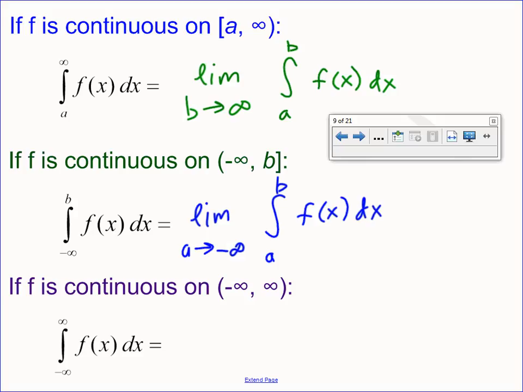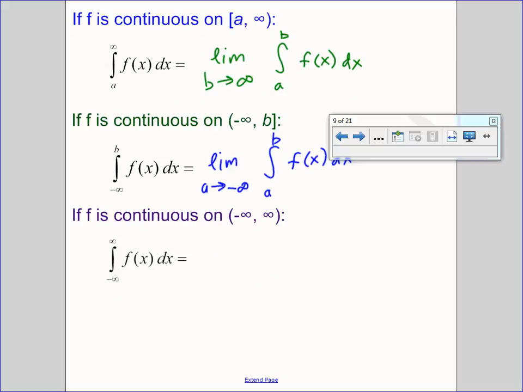And lastly, if my function is continuous on negative infinity to infinity, even though those are not actual numbers, we can still consider the value of this limit by letting the top and the bottom go to infinity. In order to do that, we'll go ahead and pick any constant in between. It could be any constant in between. I'll call it c, and evaluate two separate intervals and then sum them together. We could let the top go to infinity, we could let the bottom go to infinity, but we'll break it up first.